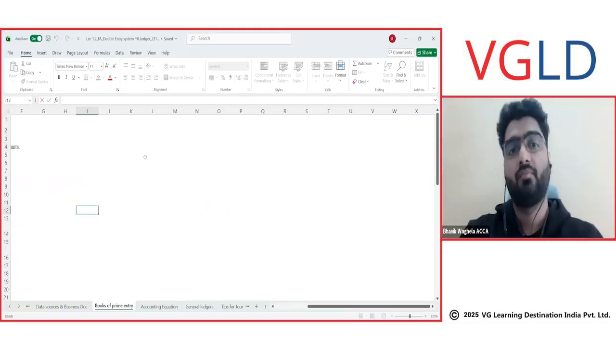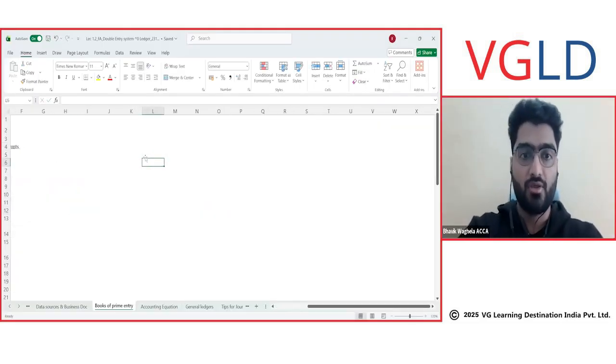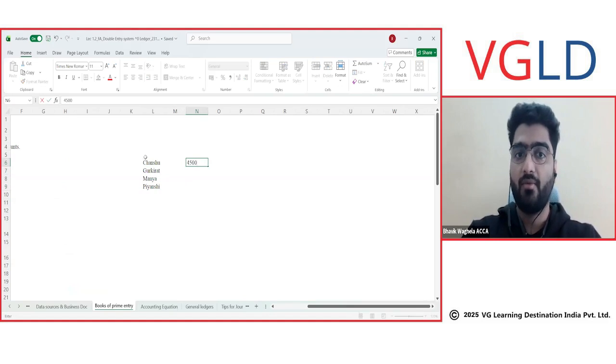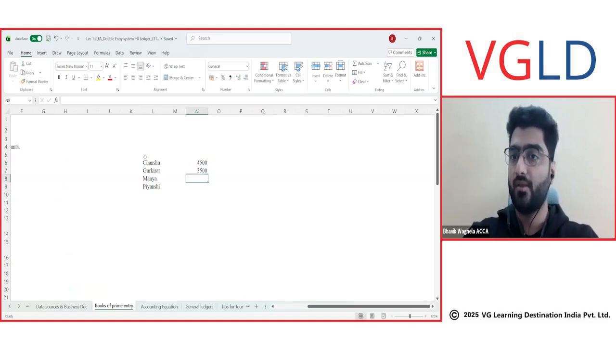Everyone understood? So can you please repeat this? Let us say I had sold goods to Chanshu, to Gurkirat, to Manya, to Pianshi: 4,500, 3,500, 1,500, and 2,500.